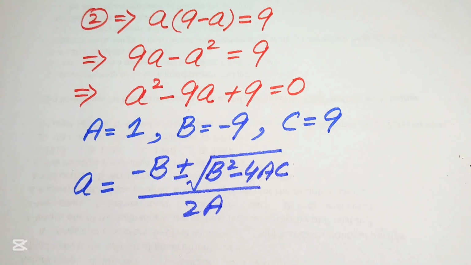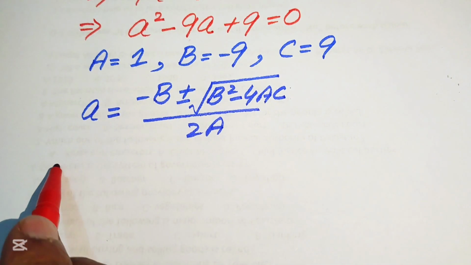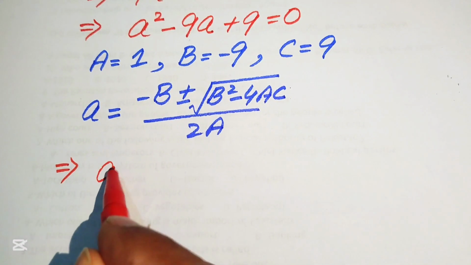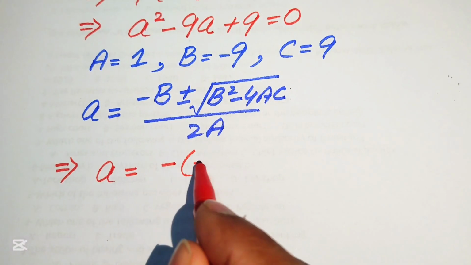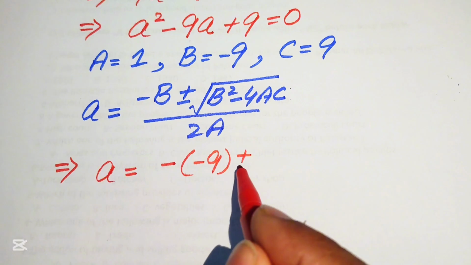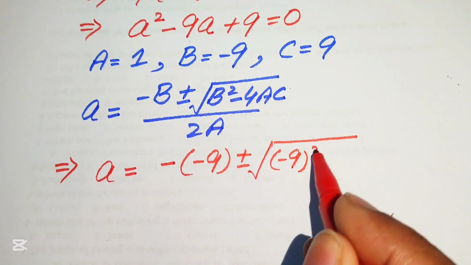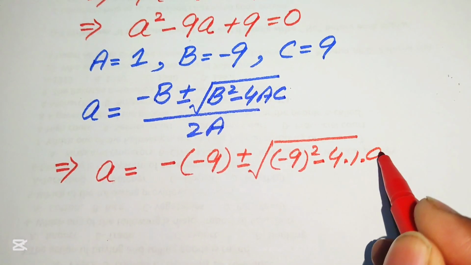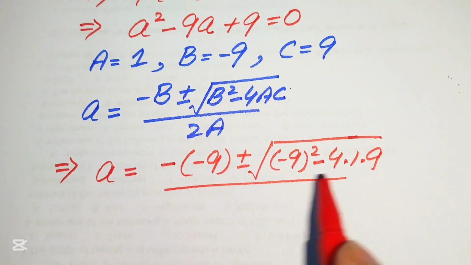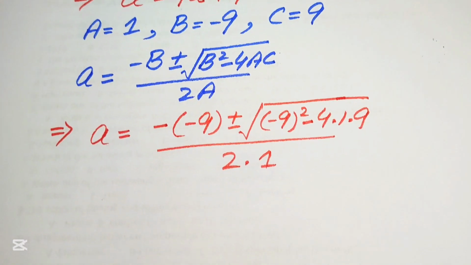So this is our quadratic formula, and now we need to substitute the values of a, b and c in this formula, and it will be stated as a equals minus b, and the value of b is minus 9, plus minus square root of b square, b is minus 9 square, minus 4 times a is 1 and c is also 9, and it is divided by 2 times a. So here our a equals 1.